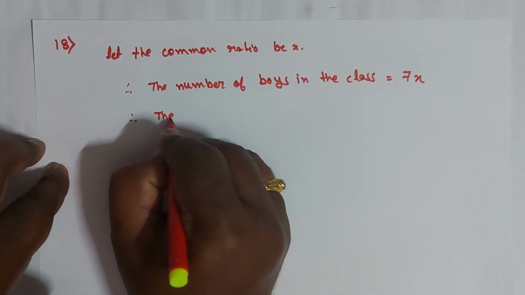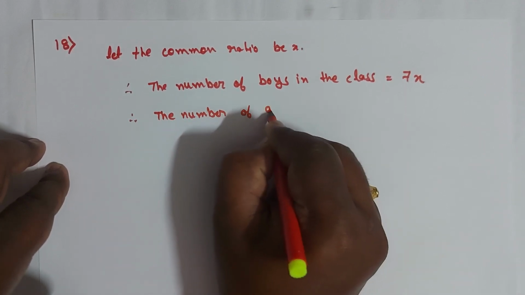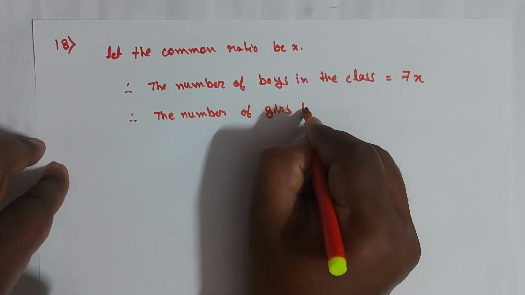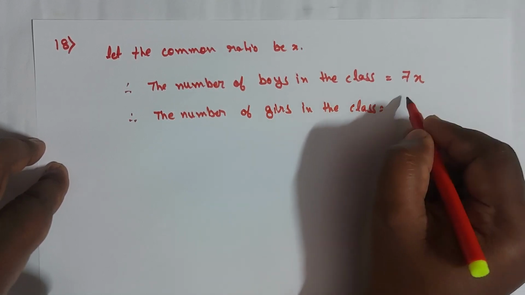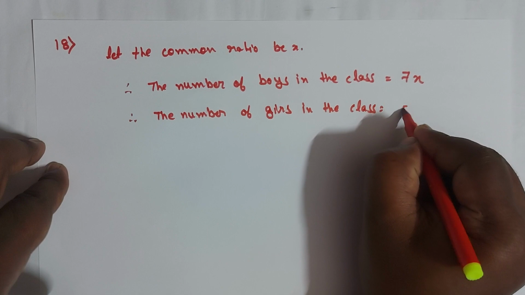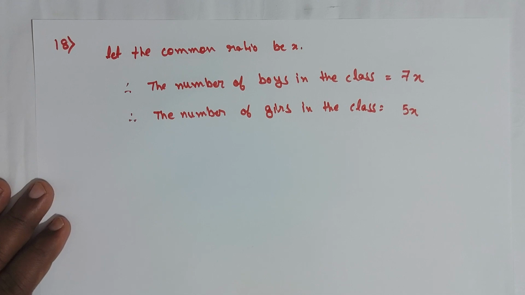Therefore the number of girls in the class is 5x. Why 7x and 5x? Because the ratio is 7:5. Boys is to girls is 7:5. Now the number of boys is 8 more than the number of girls.